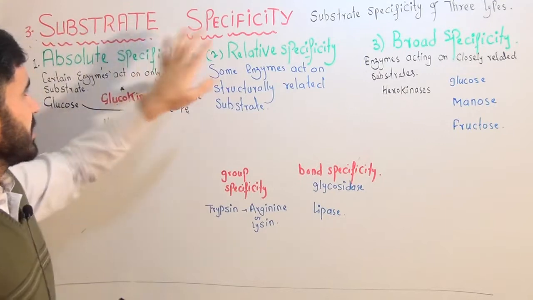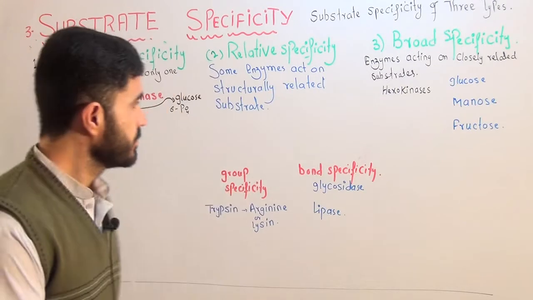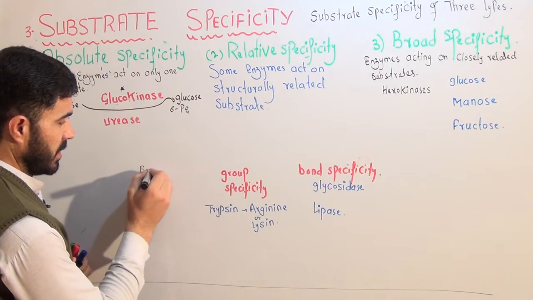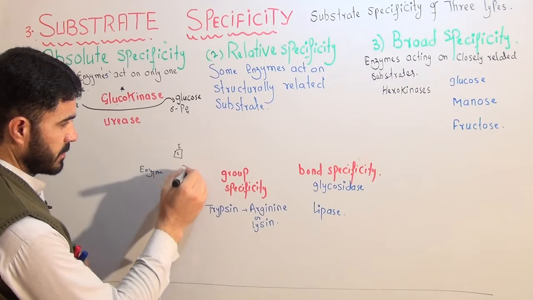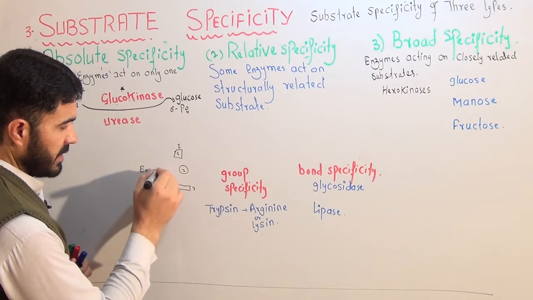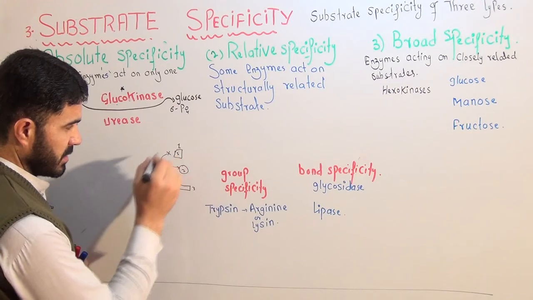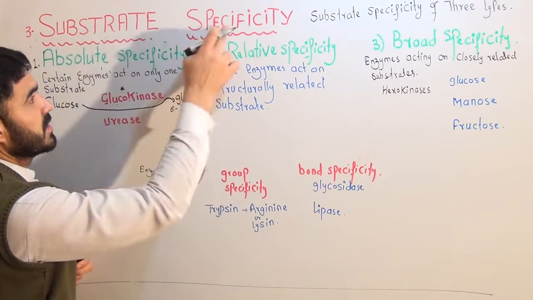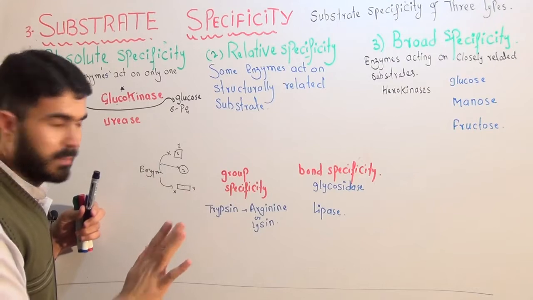From the definition of substrate specificity, we can simply say that suppose we have our enzyme E, and here we have substrate 1, substrate 2, and substrate 3. If I say that the enzyme is acting on substrate 2, but the enzyme is not acting on substrate 1 and substrate 3, this is called substrate specificity. The enzyme is acting on only one type of substrate, but not another.